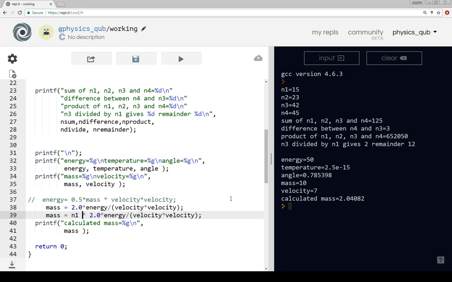We can't just write that because n1 is of the type integer, and what we have to do is put double in front of it like that. And what that will do is convert n1 from an integer into a double, so it then does the equation properly. Okay, so I'll take out that expression and let's see what that gives us.